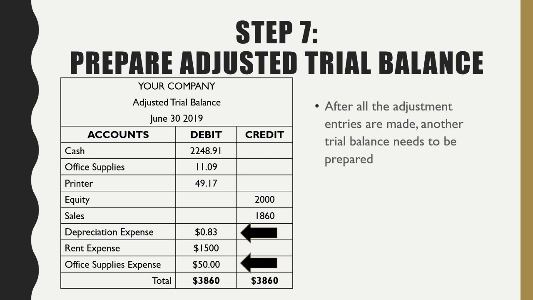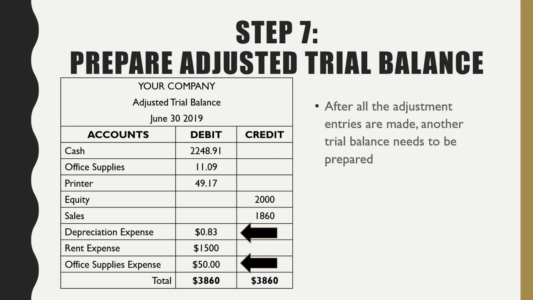So the first section was completing all the transactions for the whole entire month. Check. Now this is completing our adjustment entries. Check. Now after you've done that, you're going to do your closing entries. Then you have to double check to make sure that all of your numbers have matched, completing another trial balance.